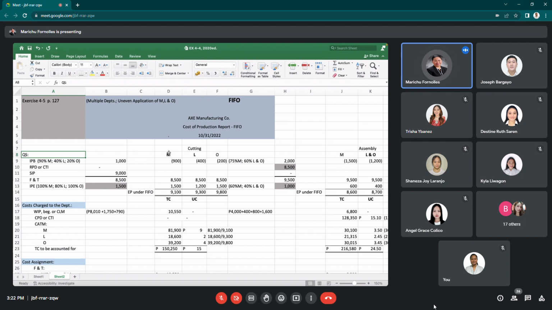So in computing the EP under first in, first out, there are two alternative methods of computing EP. Method 1 is using the shortcut method. Method 2 is using the flow of the units in the department.